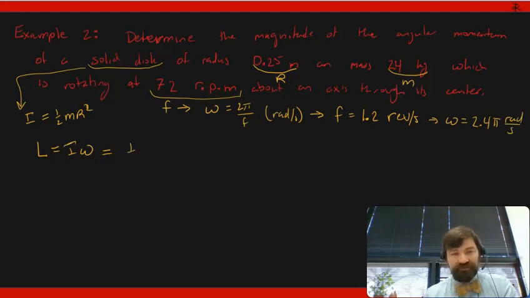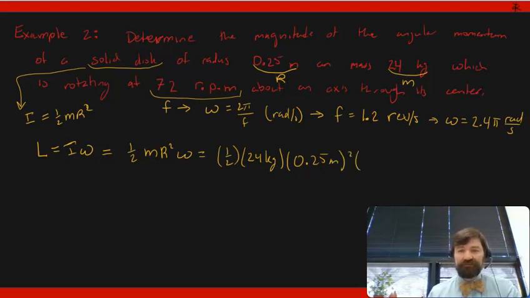So what we end up with is 1/2 m r squared omega, which is 1/2 times the mass, which was 24 kilograms, times the radius, which is 0.25 meters, squared, times this 2.4 pi radians per second. This one's actually calculator worthy, so let's plug it into the calculator.